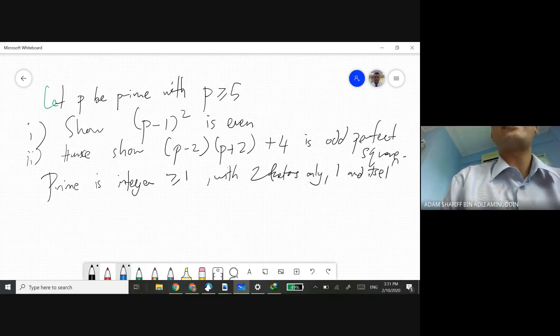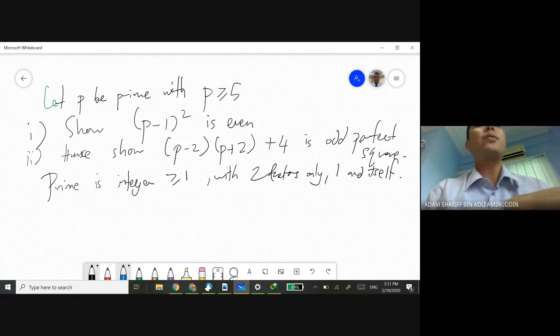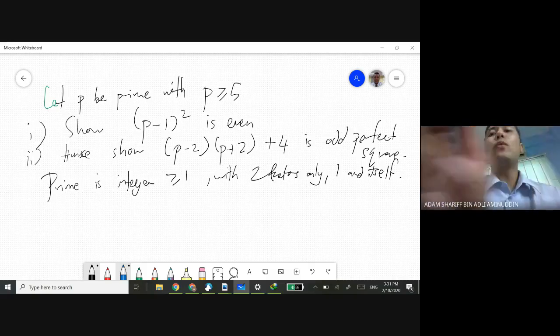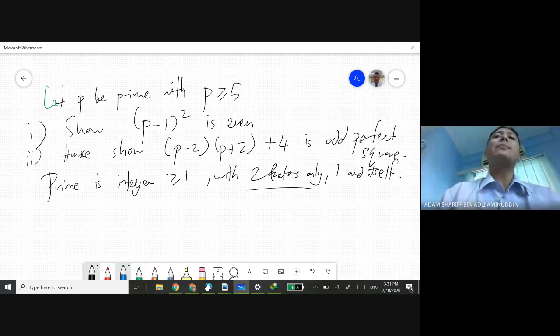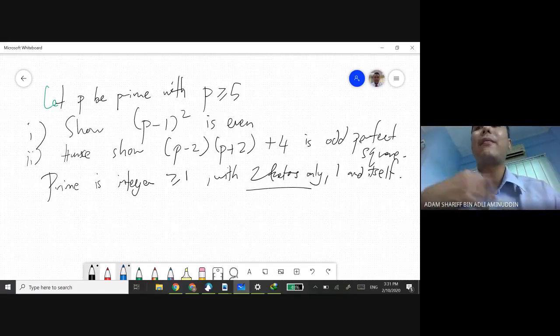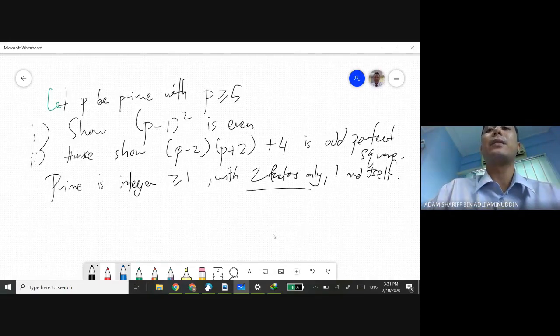So if I read your question, I will not use 6n plus 1 or 6n minus 1. It is really not that thorough. I will use the concept of divisibility, if I'm the one who answer this question.